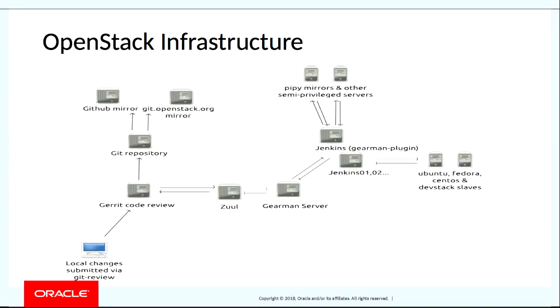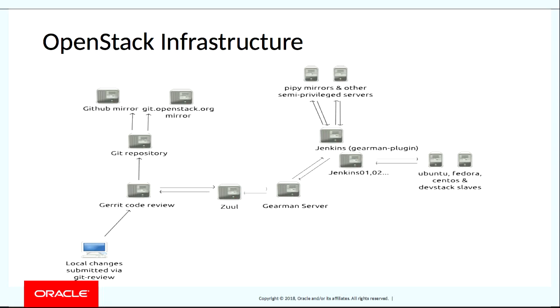To implement this workflow, the OpenStack infrastructure consists of these components. You submit local changes via the git-review command line, and the code goes to the Gerrit code review system. Then it will trigger the integration pipeline managed by the Zuul tool.